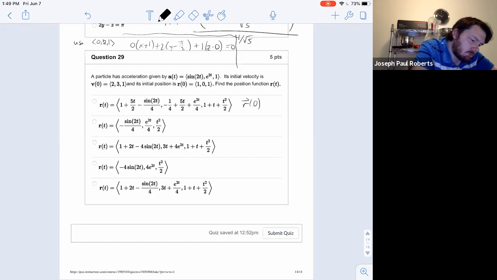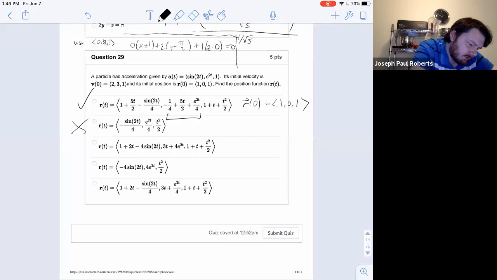So this one, because e to the 0 is 1, when I plug in t equals 0, I do get, yeah, 0 for that. The fourth minus a fourth, 1, 0, 1. So that works for that. This one doesn't.